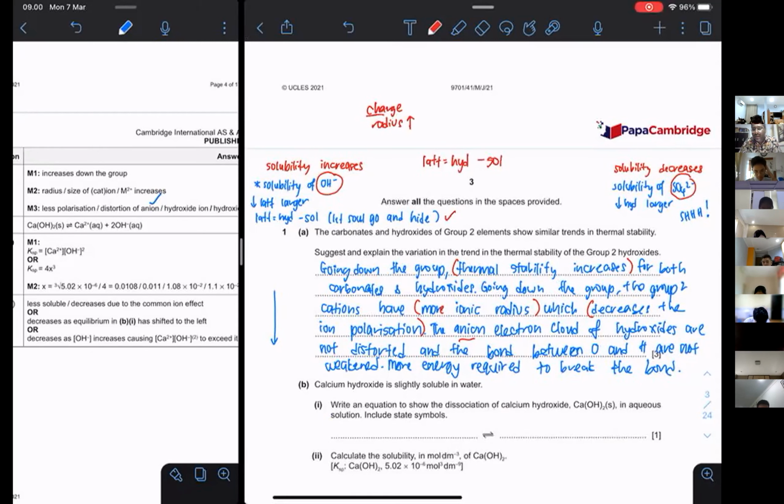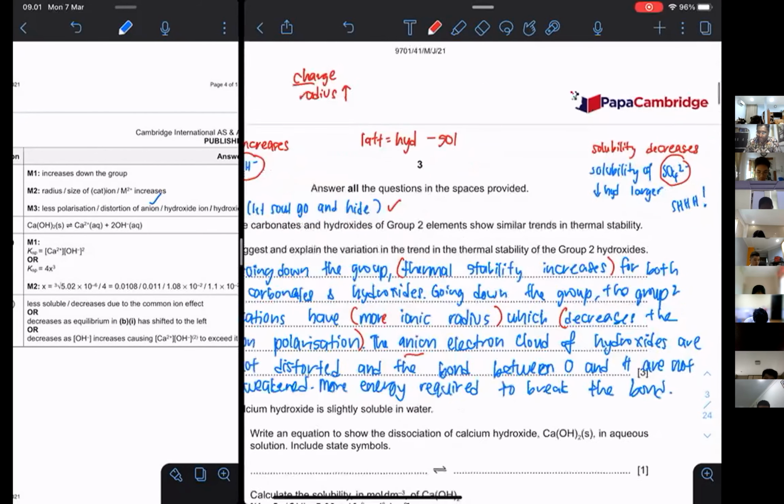So something divided by a bigger number, the value is going to become smaller, or you can say it is going to become more positive. If you look at it in terms of negative, the value decreases. Up to you how you want to show it. But you need to remember that both lattice energy and hydration are going to decrease, but one of them will decrease more, and be dominant.